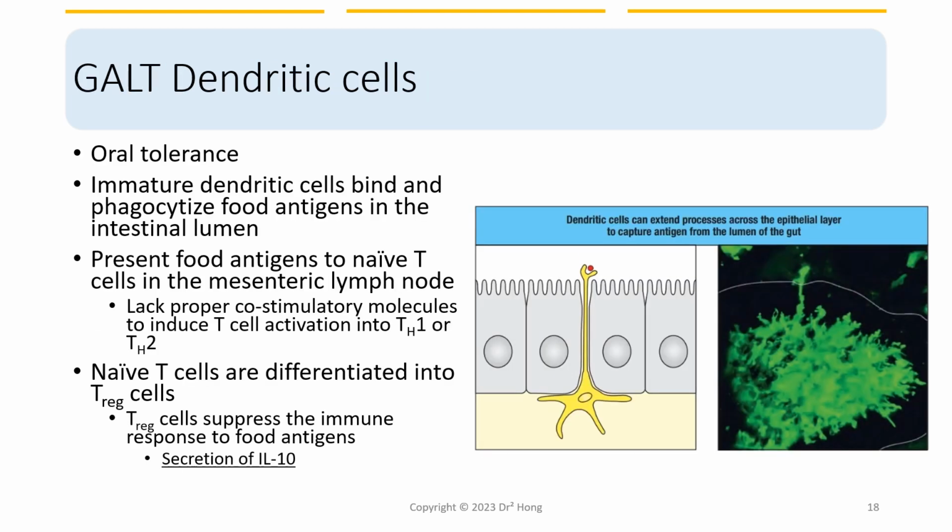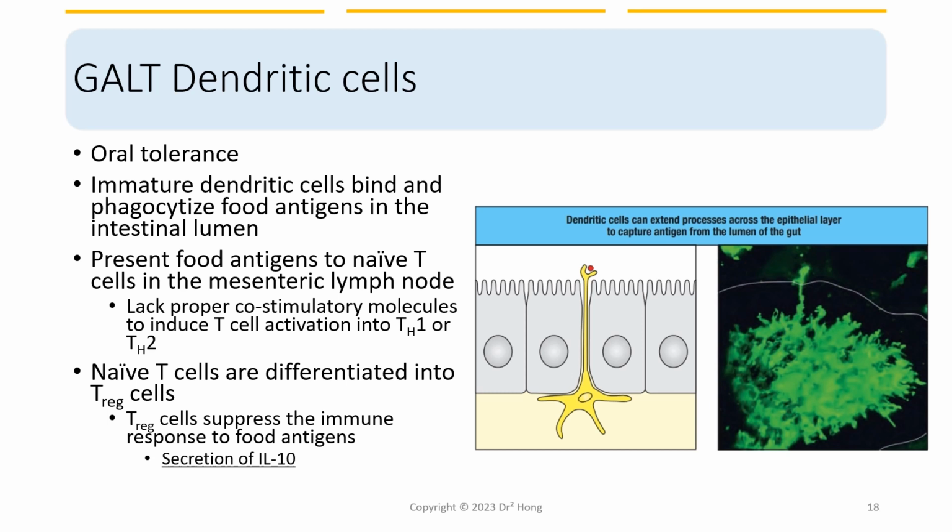Dendritic cells residing in the gut also play a special role. They are particularly important for maintaining oral tolerance. These immature dendritic cells can extend processes, like an arm, reaching across the epithelial layer to capture food antigens in the lumen.